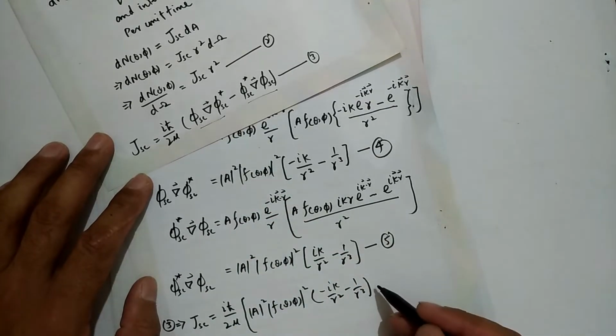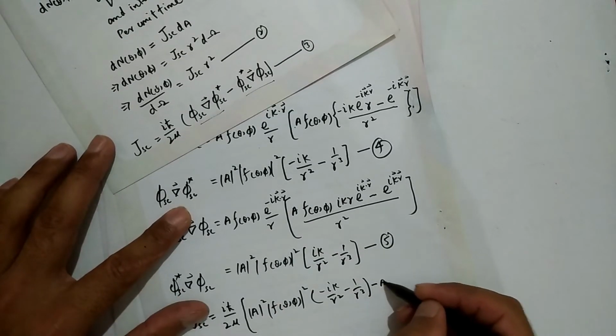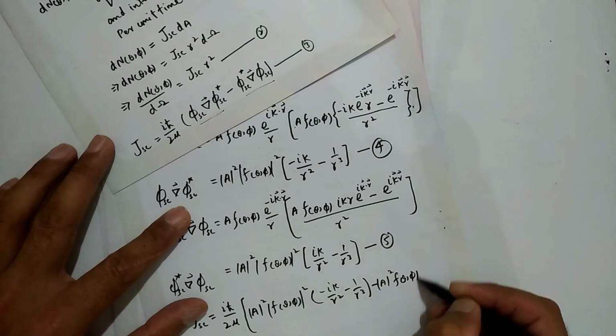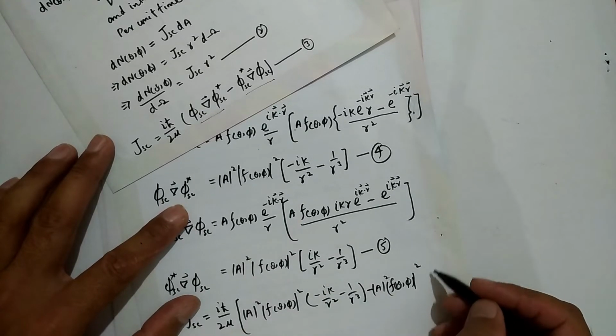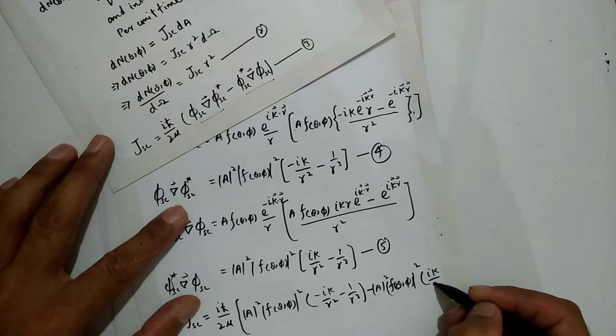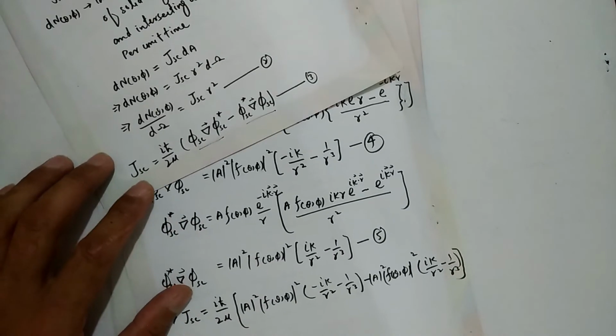minus A mod square f of theta phi mod square and ik over r square minus 1 over r cube. Clear?